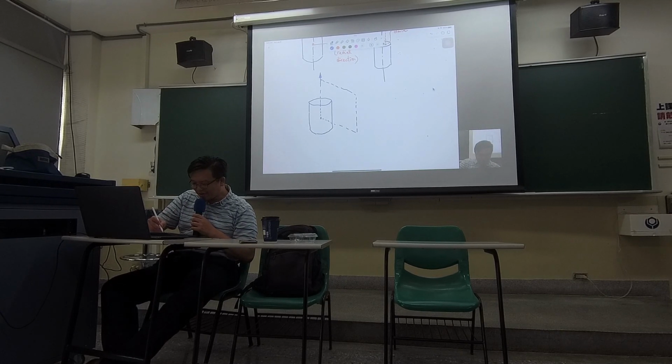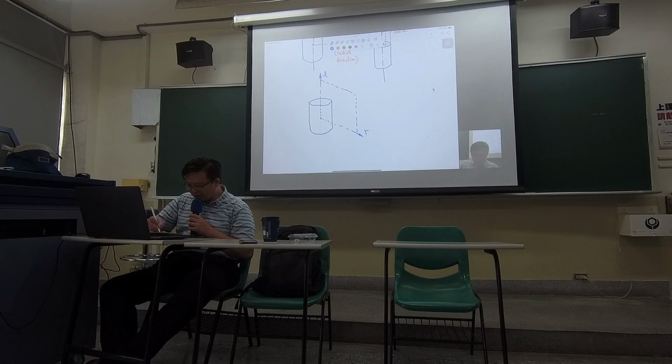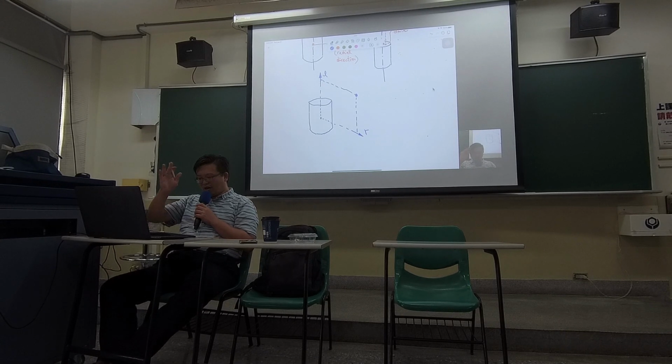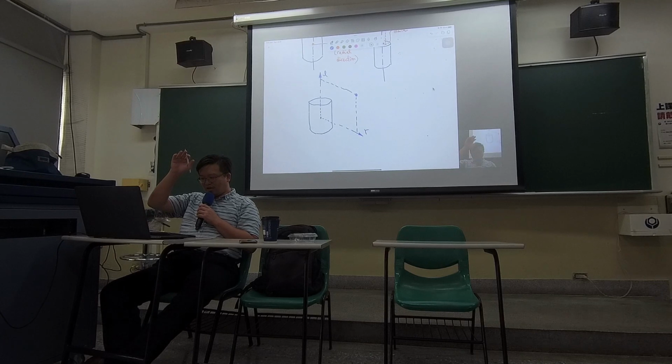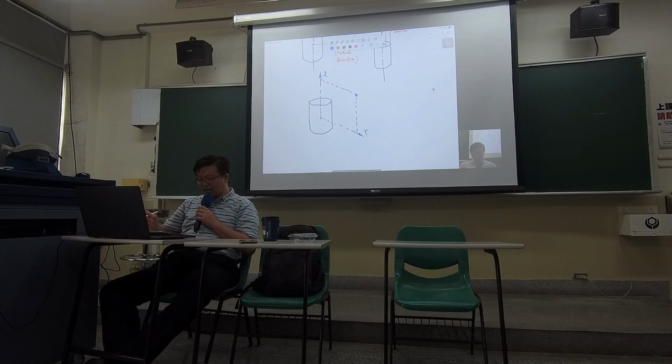Now then, okay, this is the L direction, and this is the R direction. And let's say the obstacle is on top of the RL plane. So this is the obstacle, and let me choose a symbol Q as the obstacle.